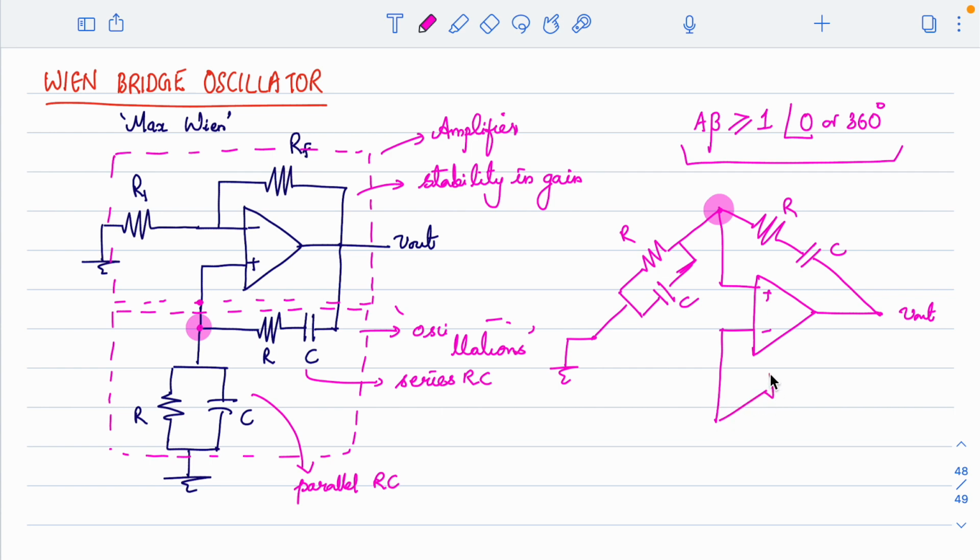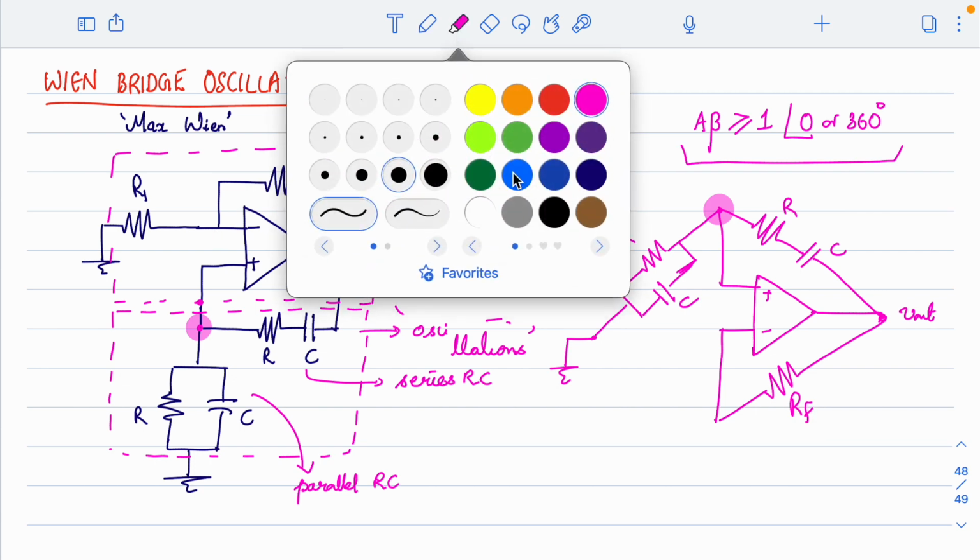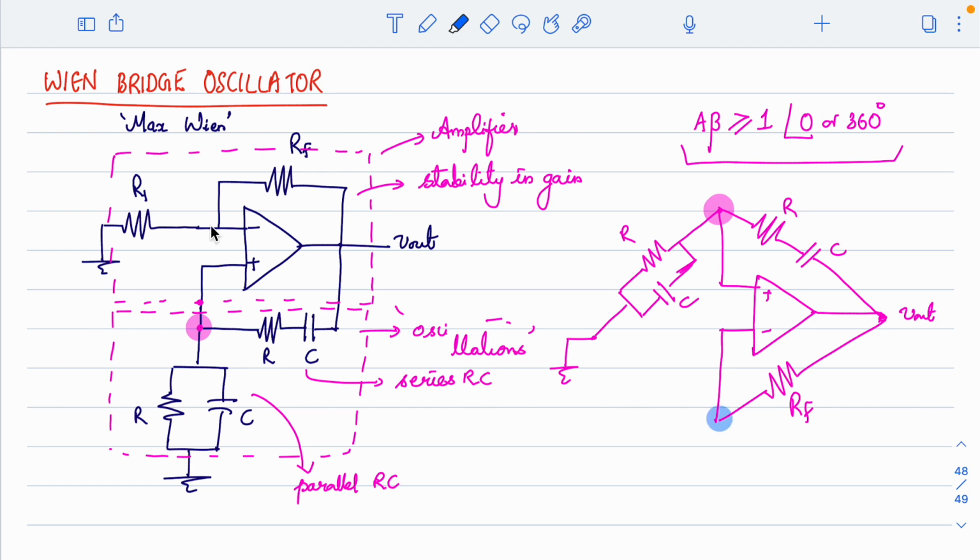So this is RF, and then again from the same terminal, if I use a different color here, this is this node. From this terminal again to ground we have this R1, right? So this is R1. This is how the appearance is like.